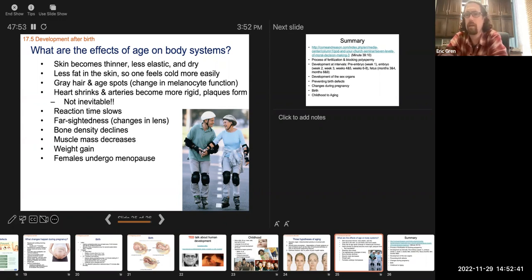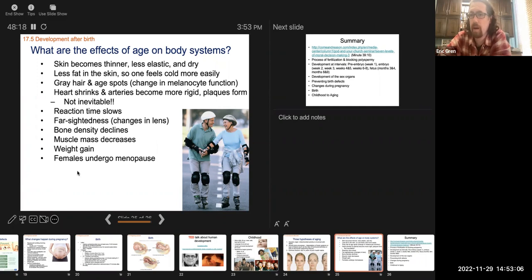So your lens, especially in a younger person, is very flexible. It's very pliable, but as we age, that lens becomes much less pliable, and we can see development of farsightedness. Okay, farsightedness. So you'll see older people that are trying to read something, they have to hold it way away from themselves to be able to focus on it. Okay.